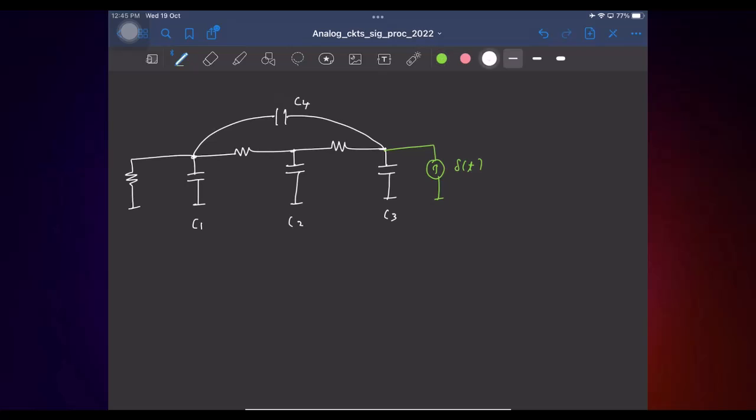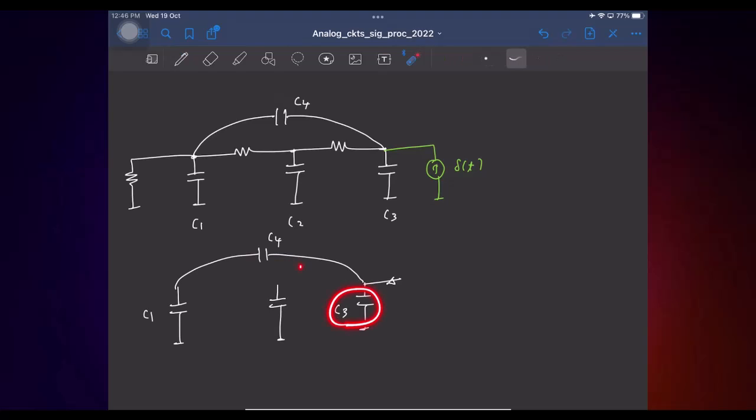So you can redraw the circuit like this. Only the capacitors will be there and the impulse current is flowing here. So what is the effective capacitance you see? Yeah, C3 in parallel with these two. So first let's do V out of 0 plus.